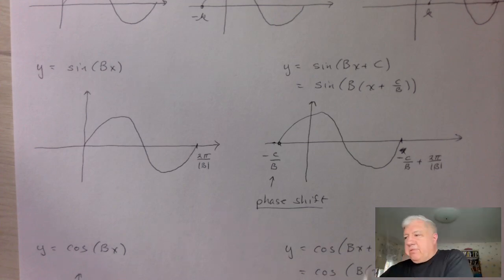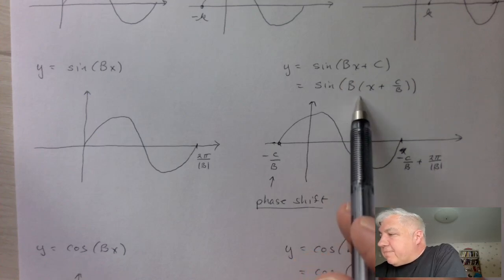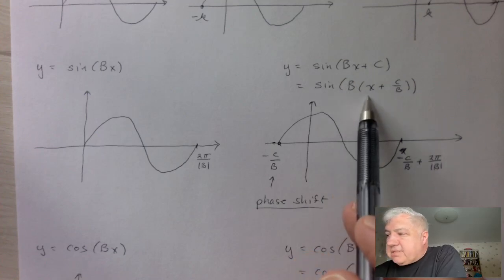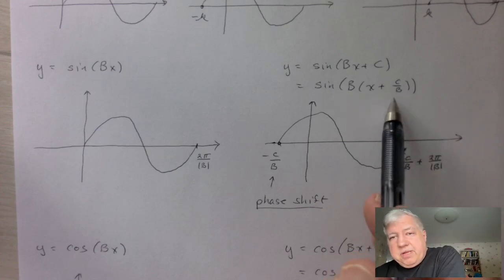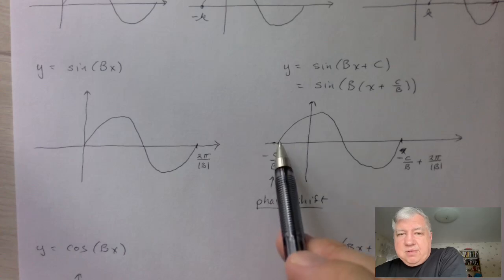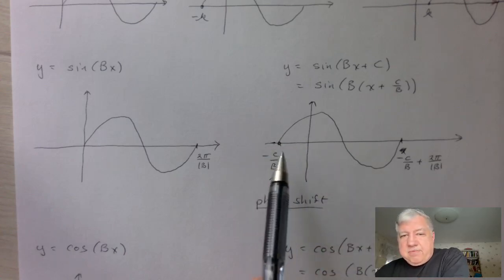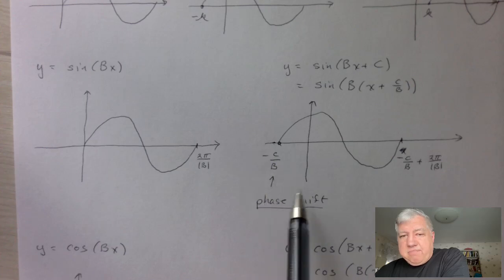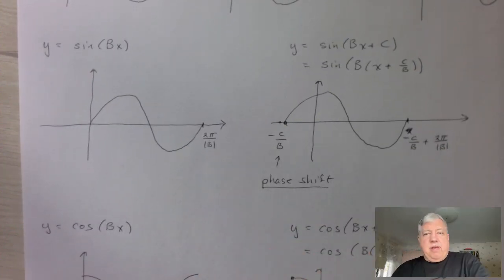We can factor out a b here, and this is b times the quantity x plus c over b. So we're actually replacing x with x plus c over b, which means this is a shift to the left, c over b units. So we say the phase shift in this case would be minus c over b, and that's how we get this graph right here.